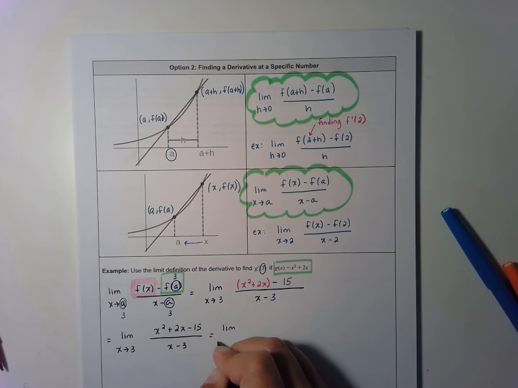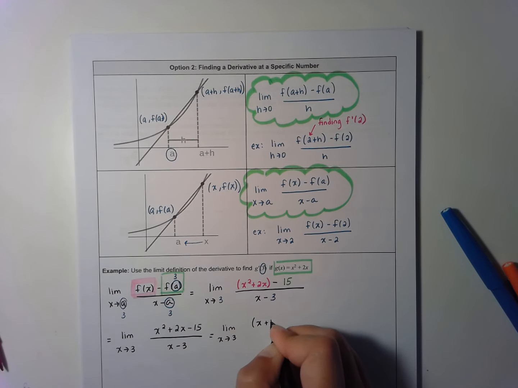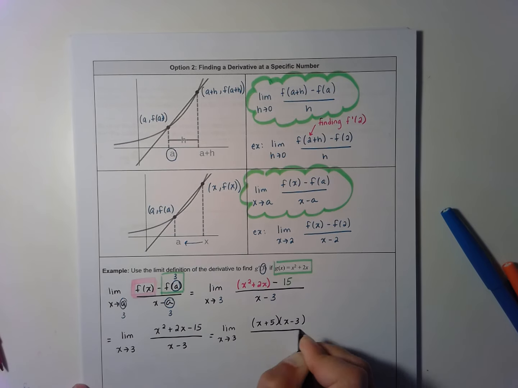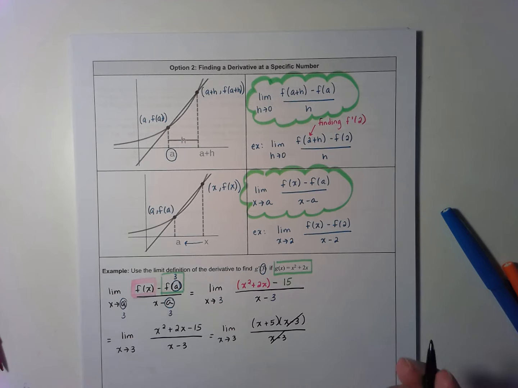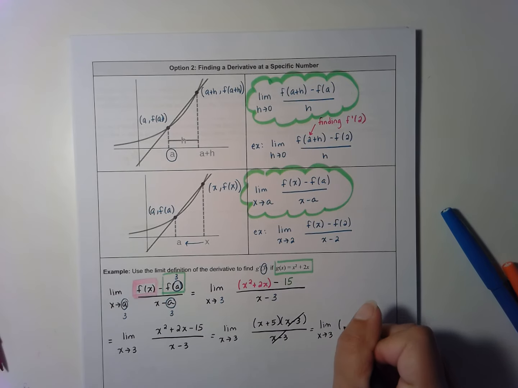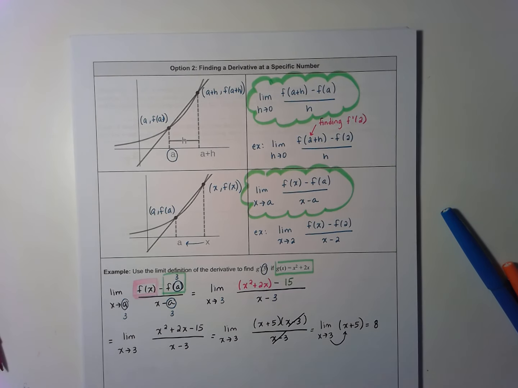So if I factor the numerator, I would get x plus 5 times x minus 3 divided by x minus 3. This factor and this factor, since you're dividing by the same thing, you get 1, which means that they simplify. And so we get the limit as x approaches 3 of x plus 5. And now we can actually plug in our number 3, which gives us 8.